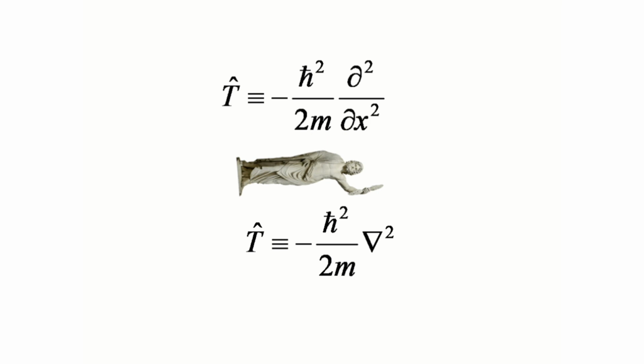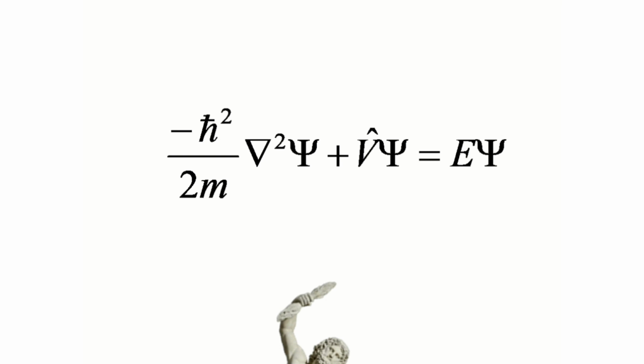And now I am ready to complete my Schrödinger's equation, which is kinetic energy operator plus potential energy operator is total energy operator or Hamiltonian operator. So now I hope you understand more clearly and more comfortably how Schrödinger's equation works and why it works.